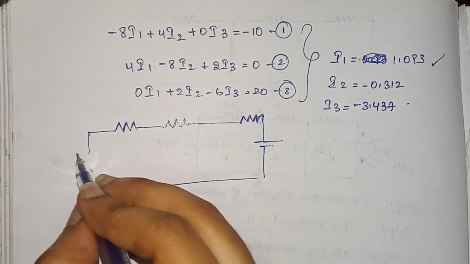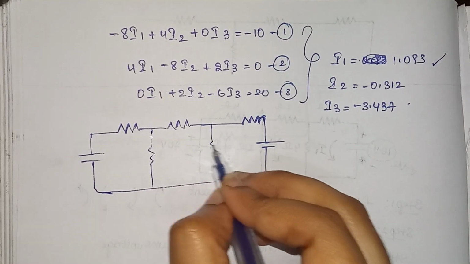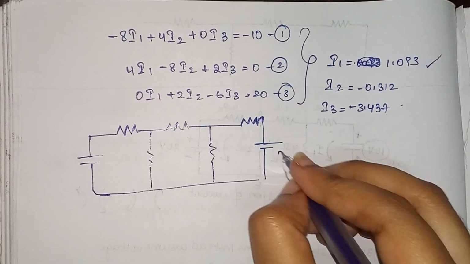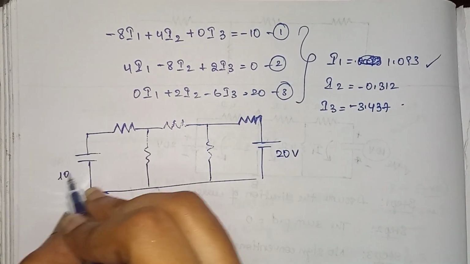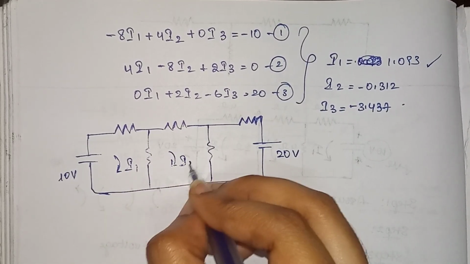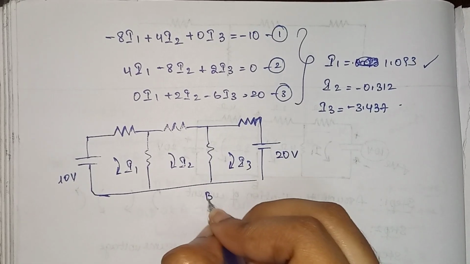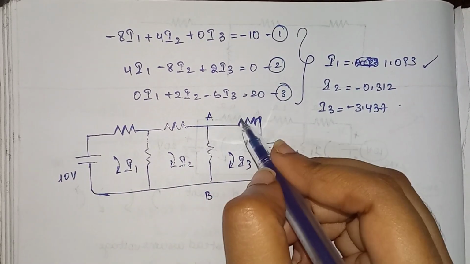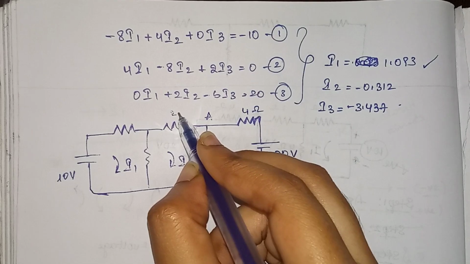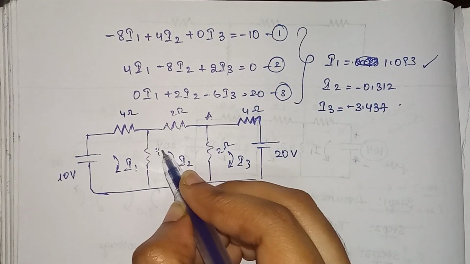Let me draw it in a rough manner. So this is the 20 volts and this is the 10 volts. These are currents I1, I2, I3, and this is A and B. Here 4 ohms, 2 ohms, 4 ohms, 2 ohms, 4 ohms.